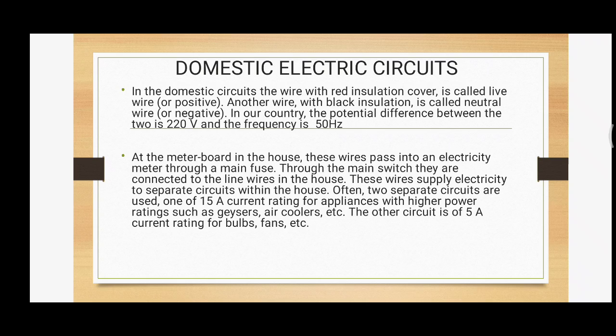So for power switches and power plugs, the 15 ampere rating is used. Otherwise, for regular use, such as lights, bulbs and fans, we use the regular plugs, which have a 5 ampere current rating, and for the power switches a 15 ampere current rating.